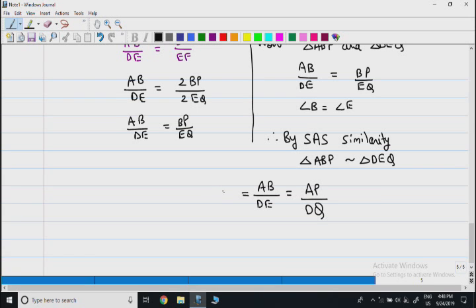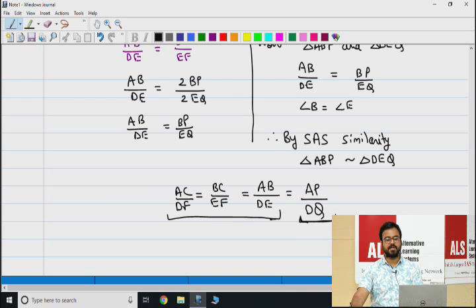We can also say AB over DE is equal to BC over EF, and this is also equal to AC over DF. So the main thing is that these ratios of the sides are also equal to the ratio of the corresponding medians. This is what we had to prove. All of you are getting this result?